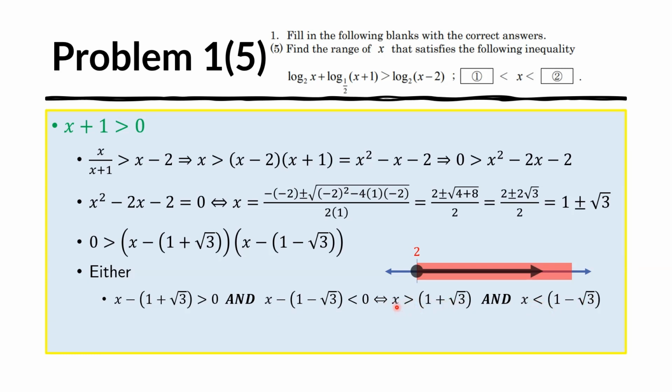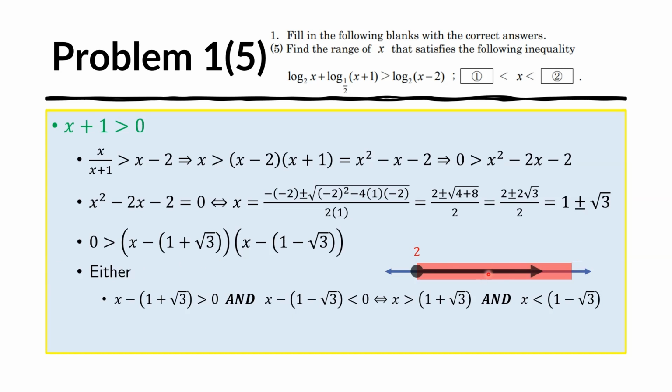The first condition says that x must be greater than 1 plus square root of 3, which means it is to the right of 1 plus square root of 3. And the other condition says x must be less than 1 minus square root of 3. And 1 minus square root of 3 is actually a negative number, and x must be to the left of that negative number. So how will you satisfy both conditions, that it must be to the left and it also must be to the right?